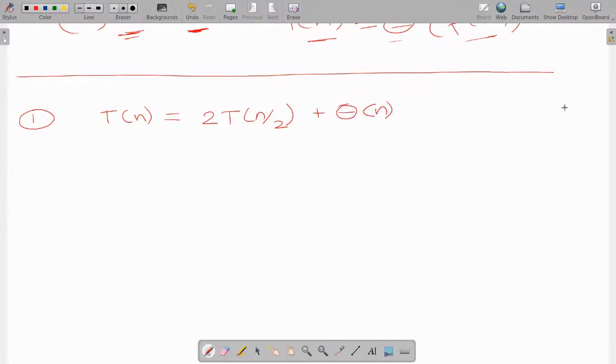By the way, for your information, this recurrence relation is of a merge sort algorithm that we will study later in this course. How it comes out to be, we will see later.